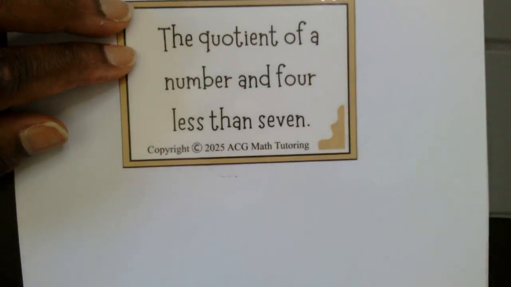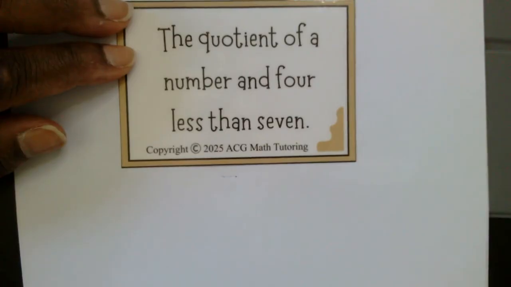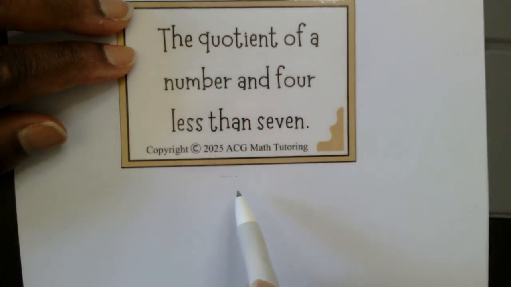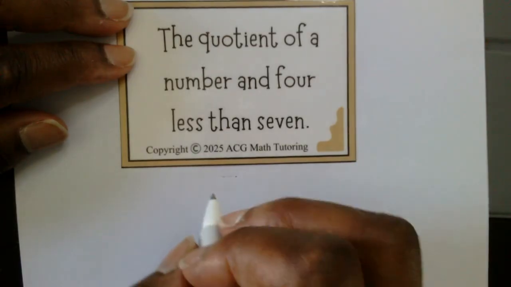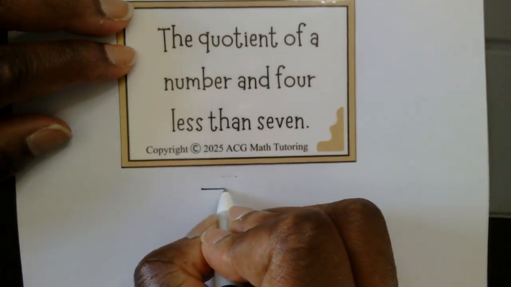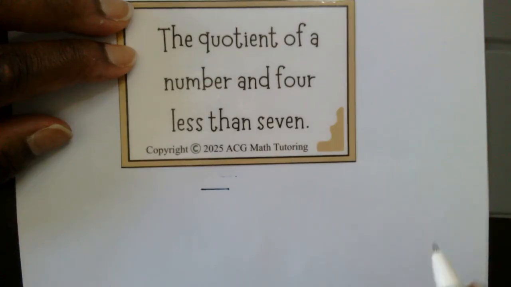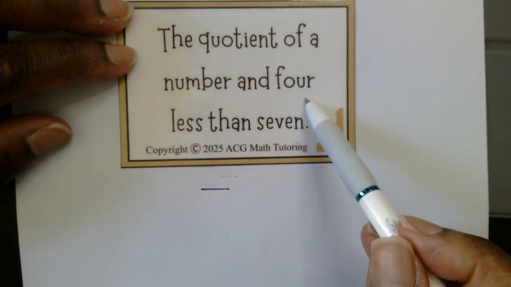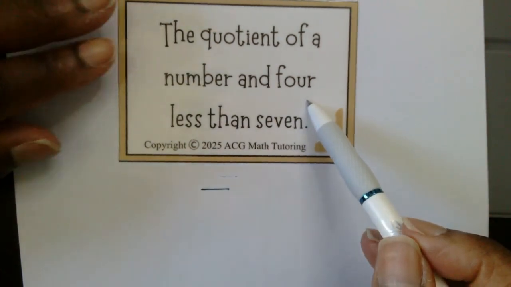Okay? As Heritage, thank you for doing that. I'm going to show you what's going on with that one. So quotient, you could write it as a ratio, but it'll be so much easier to write it as a fraction. So what are we dividing? A number and 4. Okay, so that's that first part.